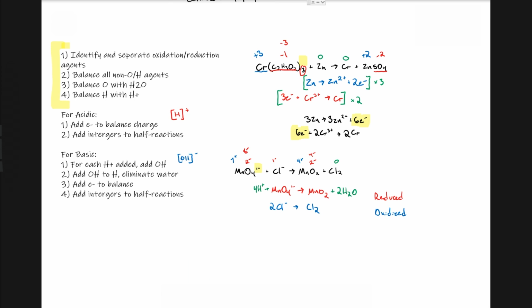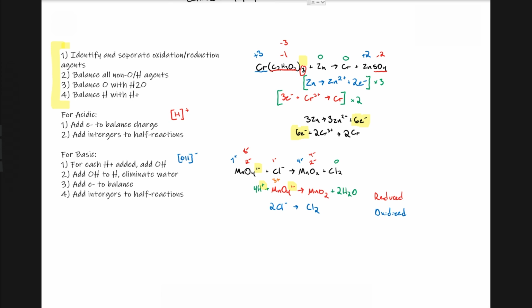So under acidic conditions, add electrons to balance the charge. In this first half reaction, we know that we have a 1 negative right here, and we have 4 positives right here. Don't forget the stoichiometry: each hydrogen only has a positive charge, but we have 4 hydrogens, which means that the total net charge on the left side of the equation is 3 plus.